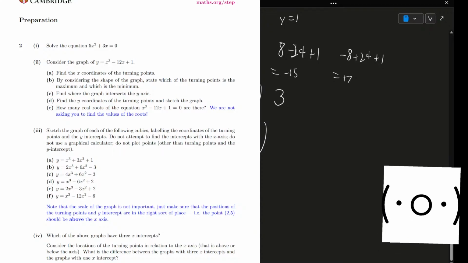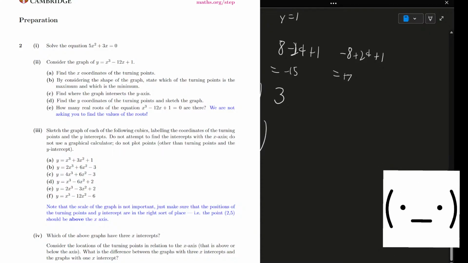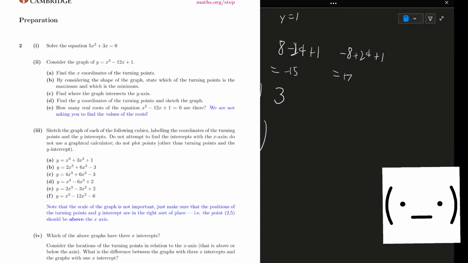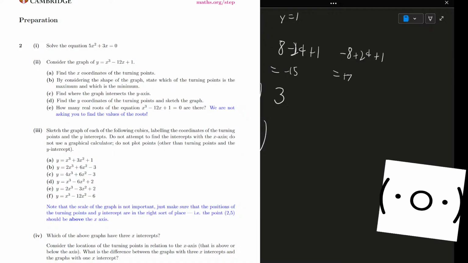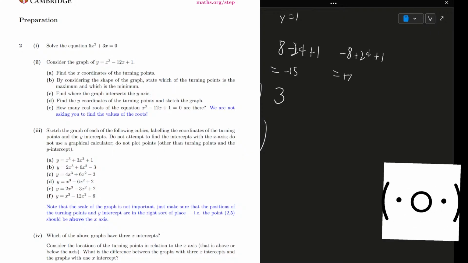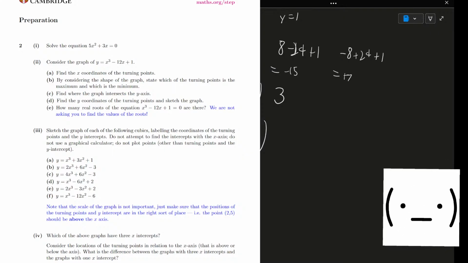Sketch the graph of each of the following cubics. There's 6 of them. Do not attempt to find the intercepts with the x-axis. Do not use a graphical calculator.